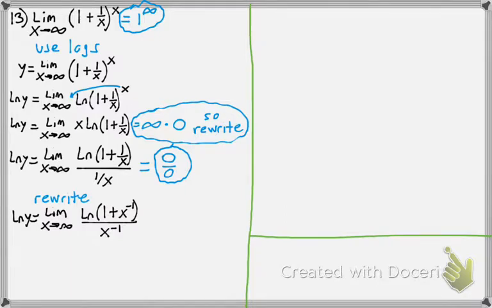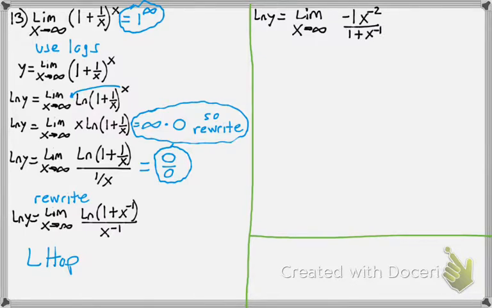Then if we take L'Hopital's rule of this, ln of y is equal to the limit as x goes to infinity of: the derivative of the numerator is -1 x to the -2 all over 1 plus x to the -1.